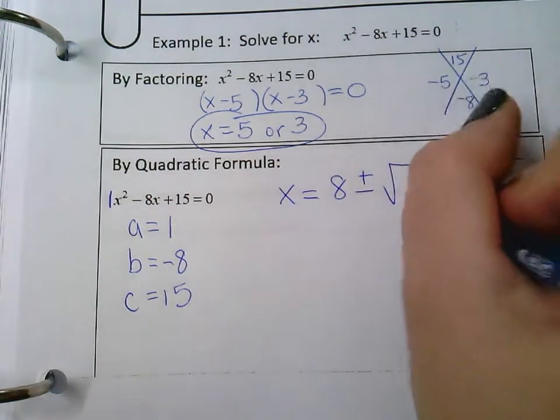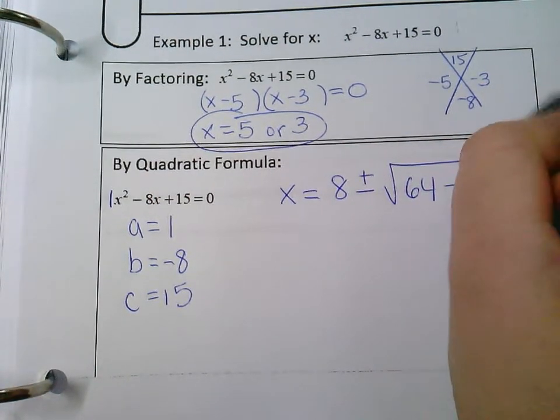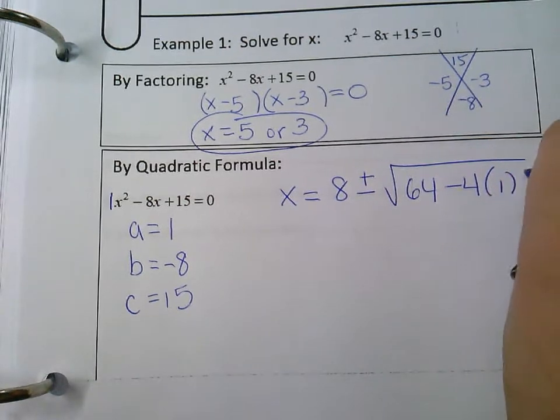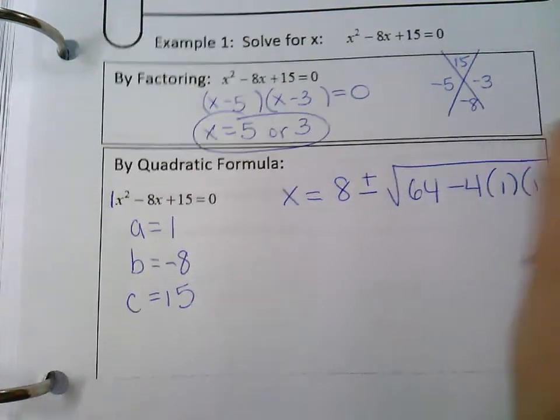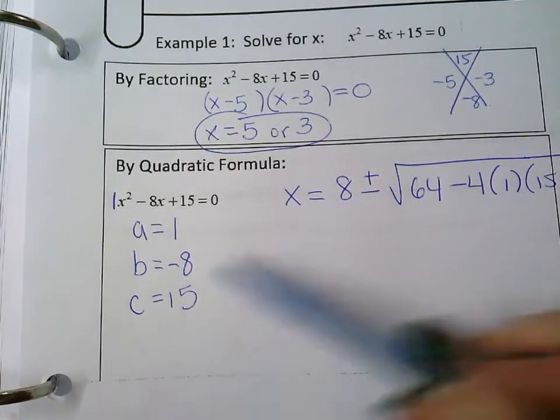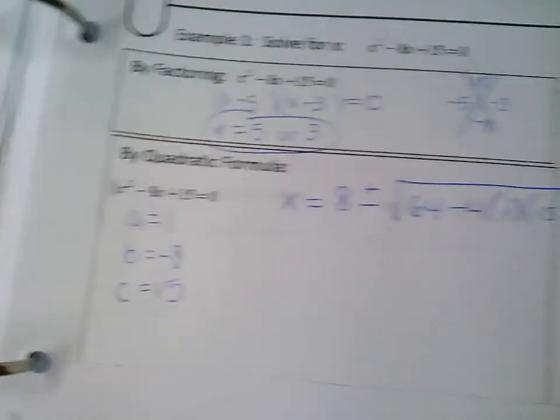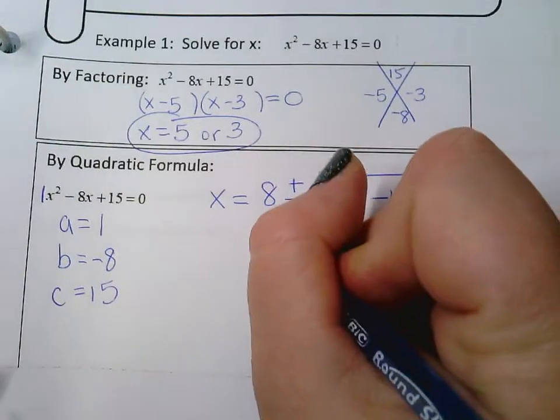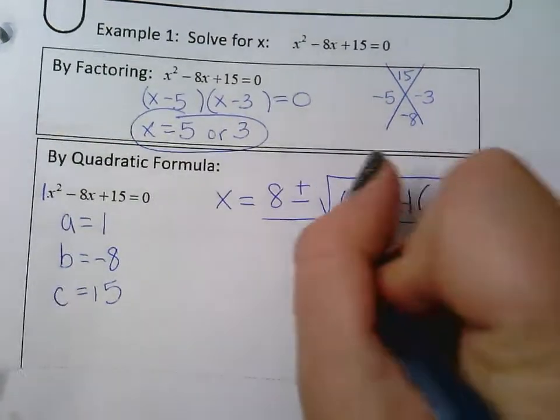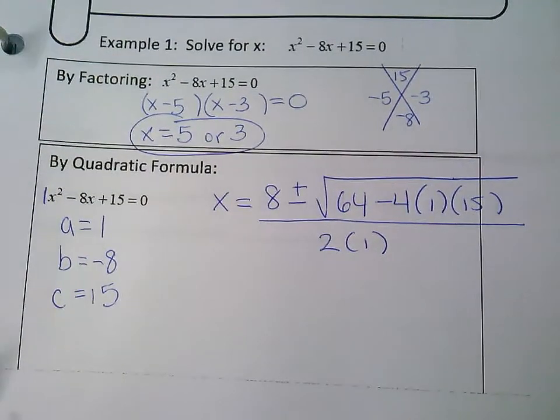So positive 64 minus 4 times a, which is 1, times c, which is 15. So I've plugged all of those values into the formula. And then all of that at the end gets divided by 2a, which is 2 times 1.